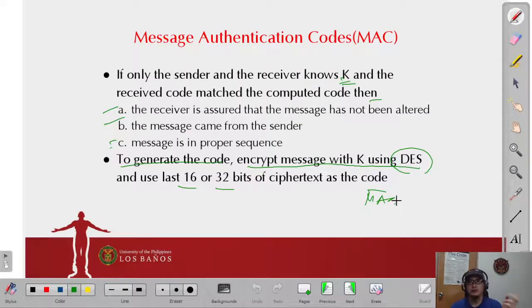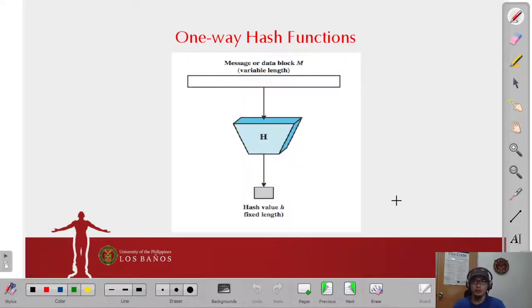Now, if you don't want to use encryption to generate the MAC, we can use what we call hash functions. You are familiar with this already from ComSci 123, when you have the hash table data structure, you have a hash function which generates an index to the array. So it is very similar to that.